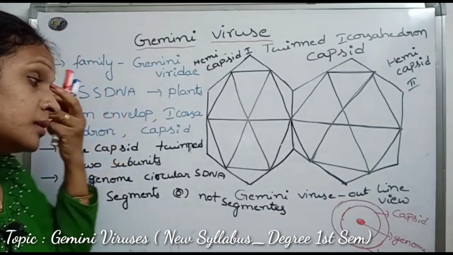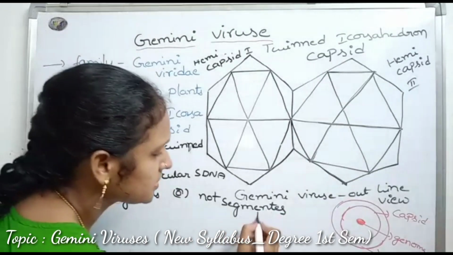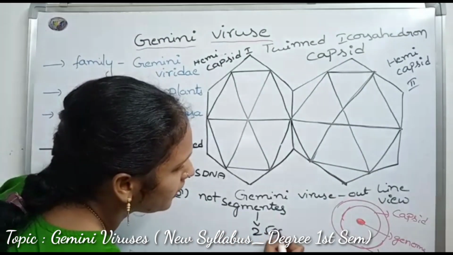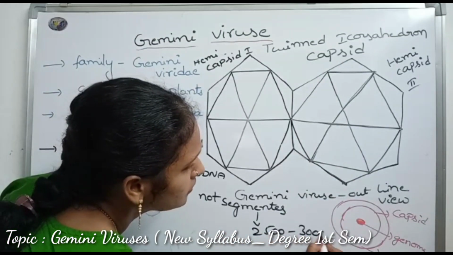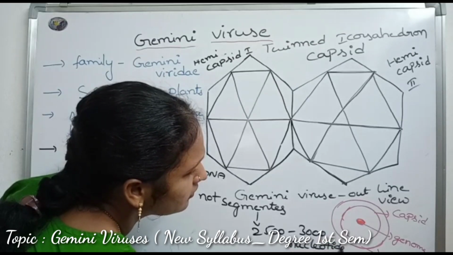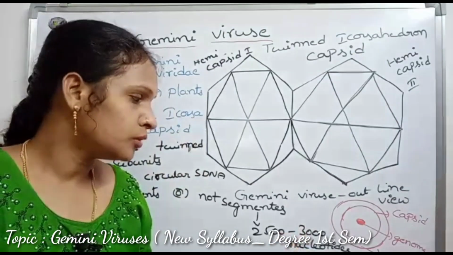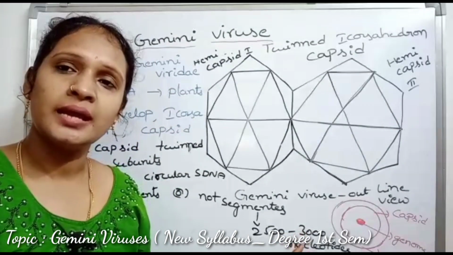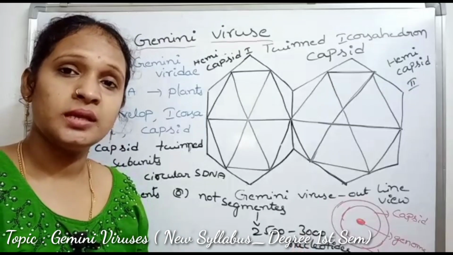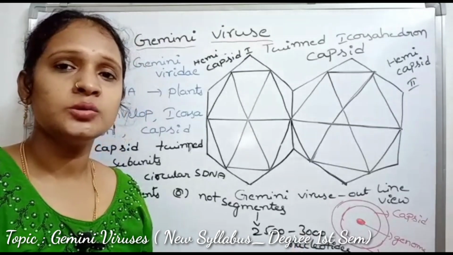Non-segmented fragments consist of 2,500 to 3,000 nucleotides long. Nucleotides means that DNA is made up of nitrogen bases, phosphate groups and sugar groups.